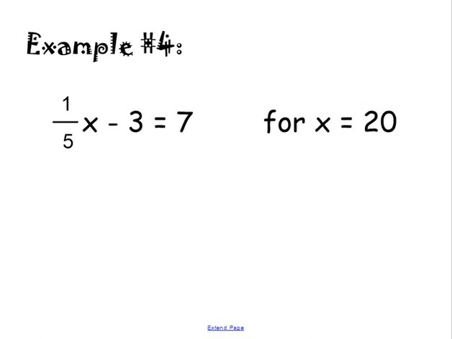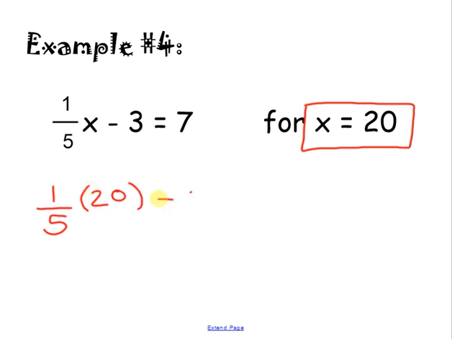Okay, let's go ahead with example number 4. And remember, if you need to pause the video or rewind it to see what I did, go ahead and do that. Okay, example number 4, I have 1 over 5x minus 3 equals 7. And in this case, x equals 20. So I have 1 over 5 times 20 minus 3 equals 7. I need to do this multiplication first before the subtraction according to order of operations.